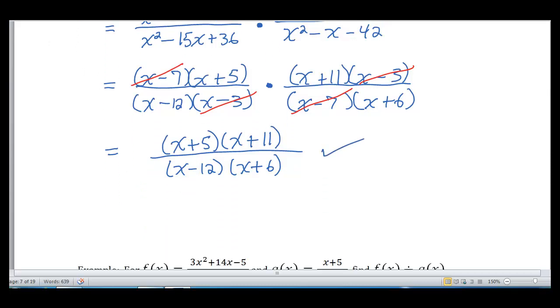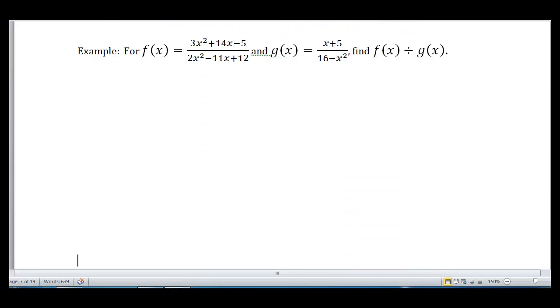Let's look at another example involving some rational functions. This time we have f of x and g of x. Again, this is the functional notation that I'll give you from time to time to help you simplify or do these divisions here, these operations. All right.